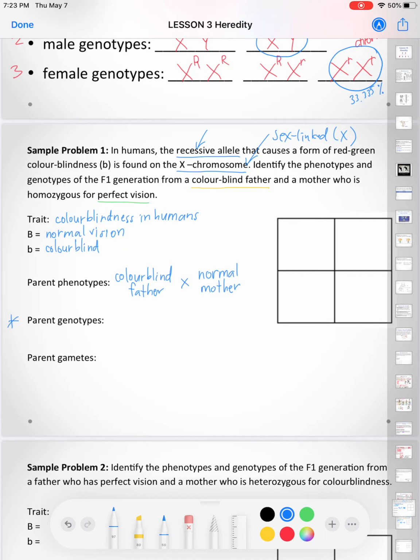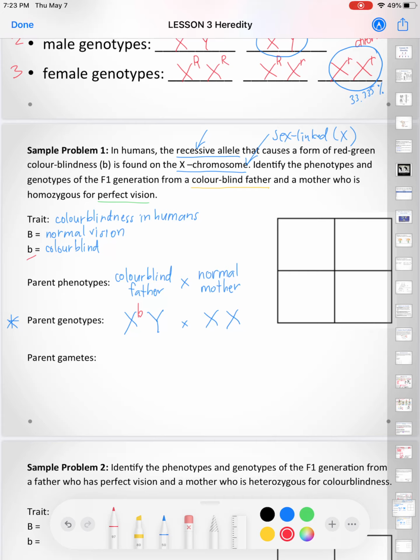Okay, so the next thing is really important, the next step. To put in the genotypes, you can't just do it like a monohybrid cross with the dominant and recessive allele. You have to actually go in and do the father's genotype with the XY and the mother's genotype with the XX. And I'm going to use a different color to show our superscripts. So the colorblind father, because he's colorblind, he has to have the recessive b on his X. Okay.